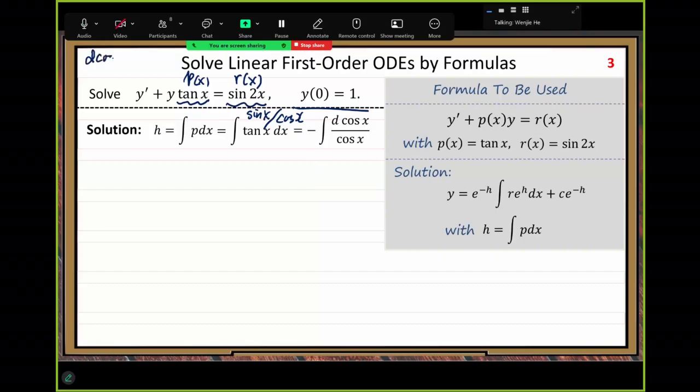But the d cosine X equals negative sine X times dx, right? Because the derivative of cosine X is negative sine X. Derivative of cosine is negative sine X. So that's why we have this negative sign here.